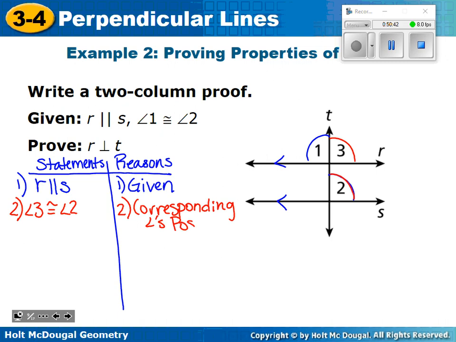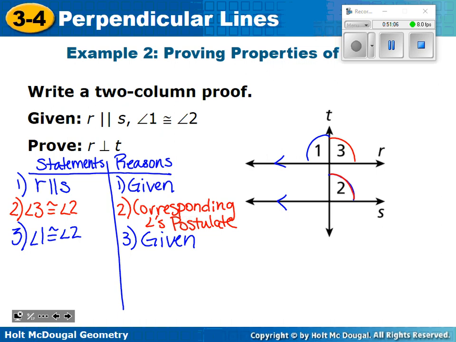Not converse of, because we're not proving lines parallel yet. Just that those angles are congruent. Okay, now let's bring down the rest of our given. So number 3, angle 1 is congruent to angle 2. And this is given.